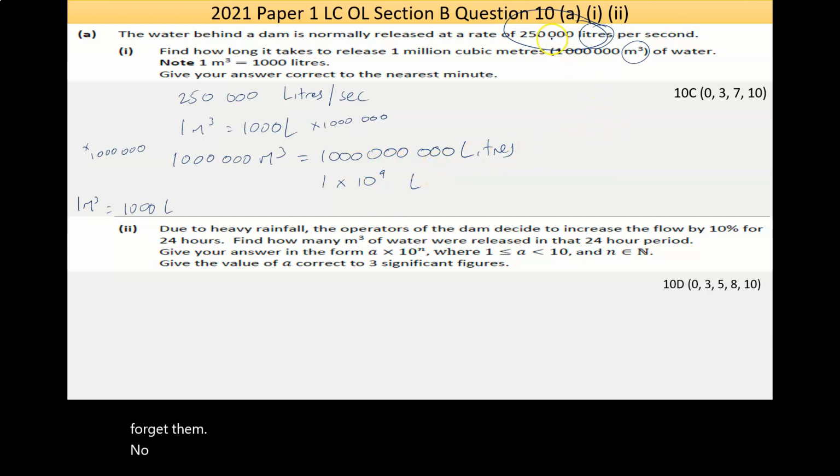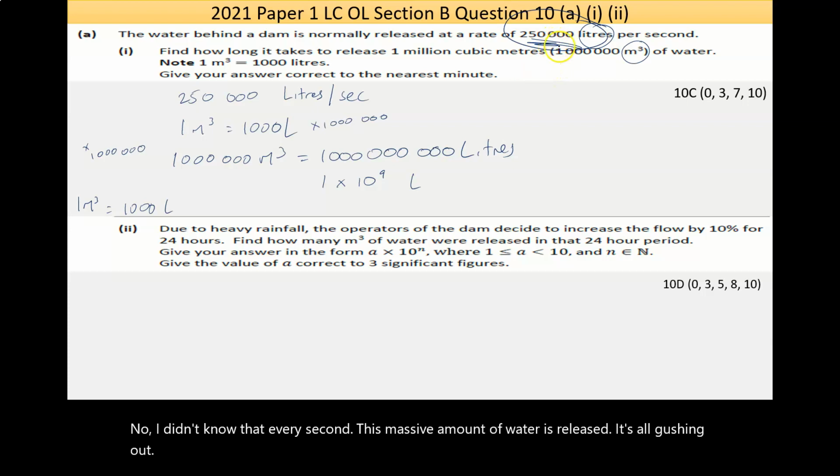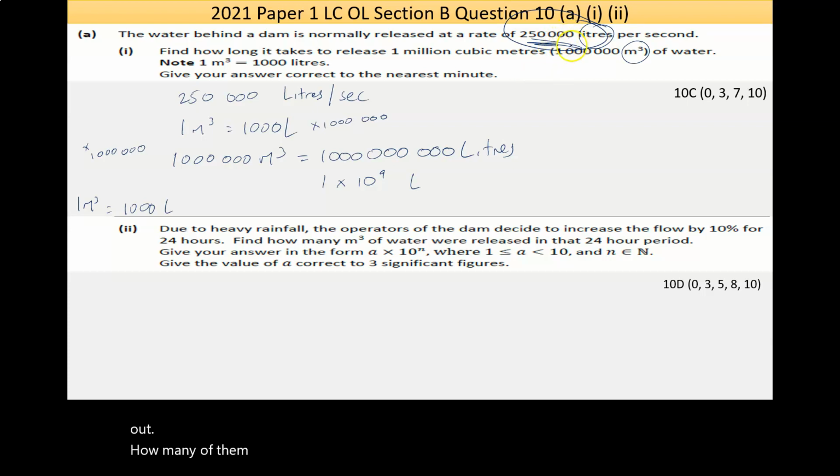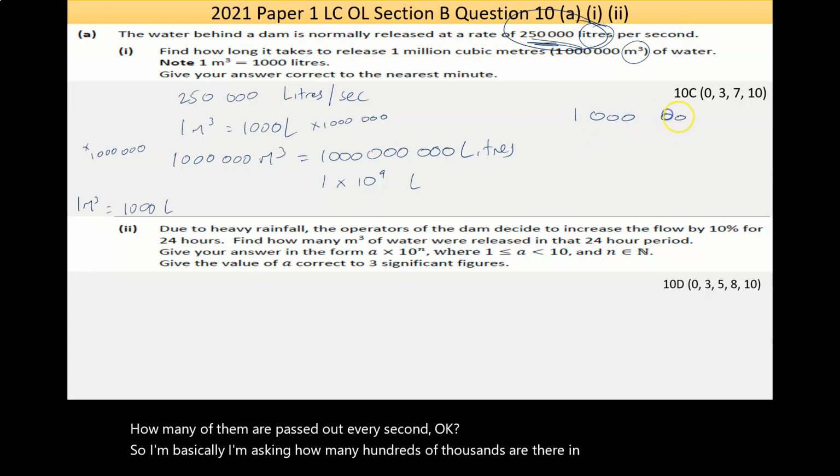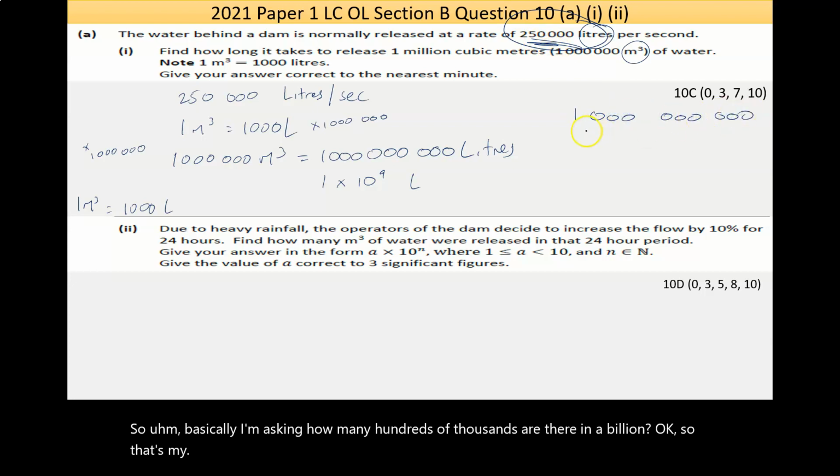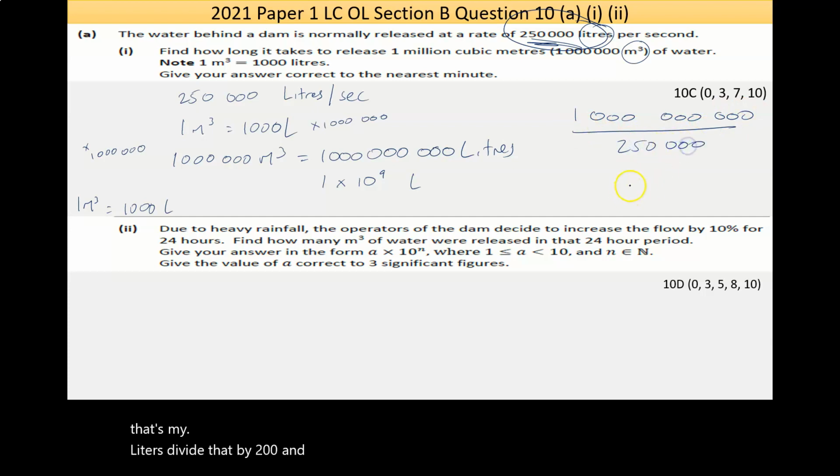Now I then know that every second this massive amount of water is released. So it's gushing out. How many of them are passed out every second? Basically I'm asking how many 250,000s are there in a billion? So that's my liters. Divide that by 250,000. What's that answer?